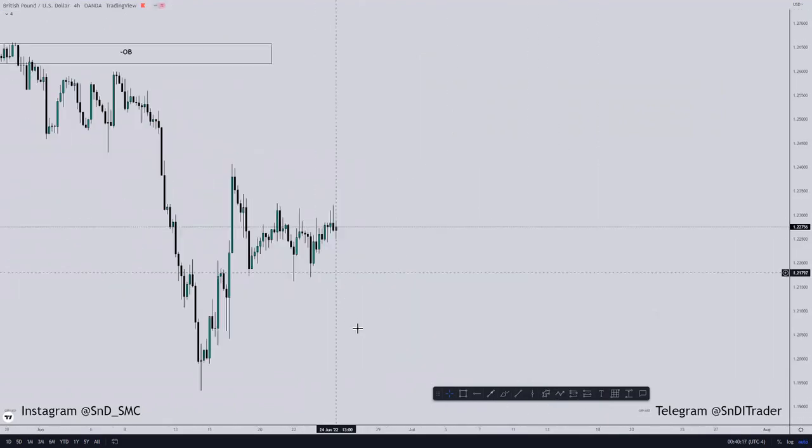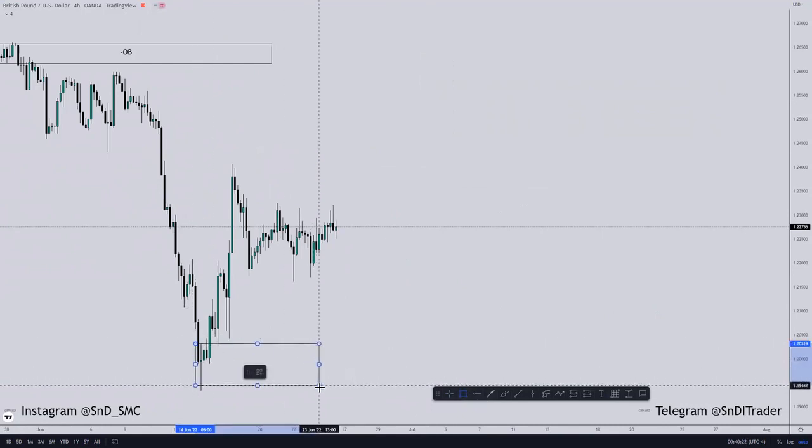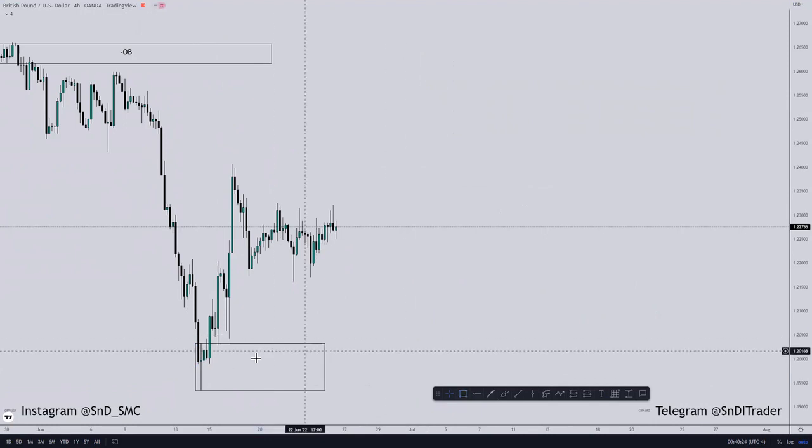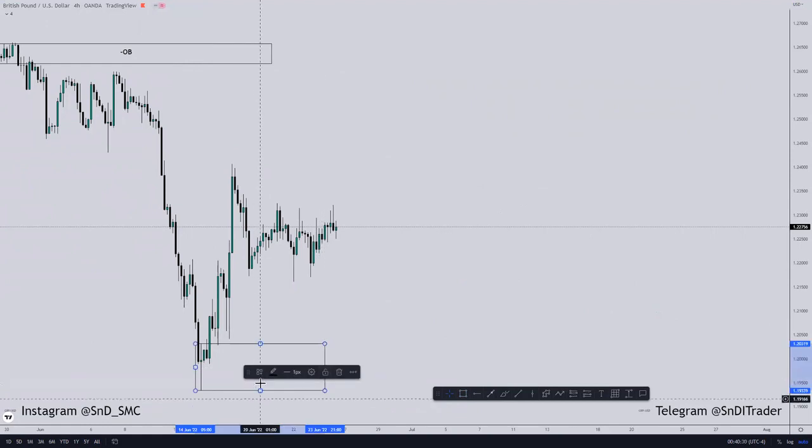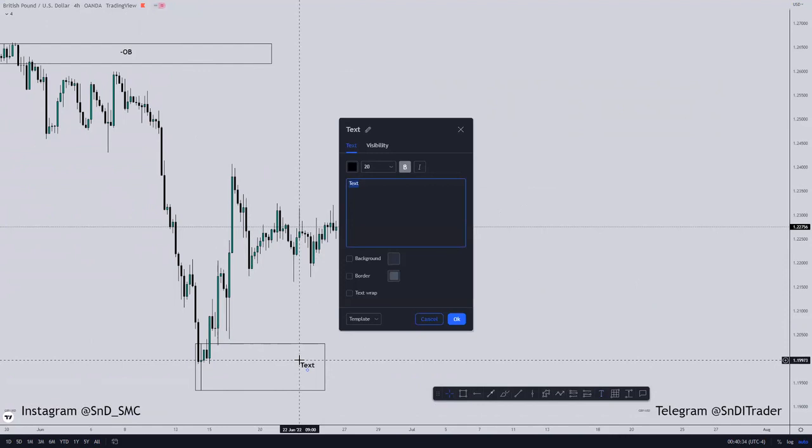And where will be the bullish order block? This will be a bullish order block because this is the last candle which is responsible for the up move, and it can be denoted as plus OB.